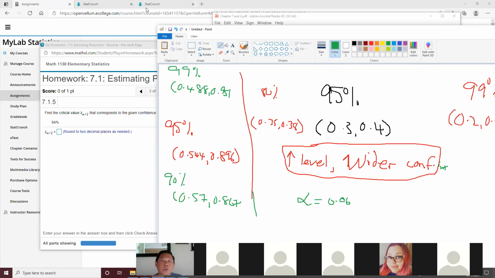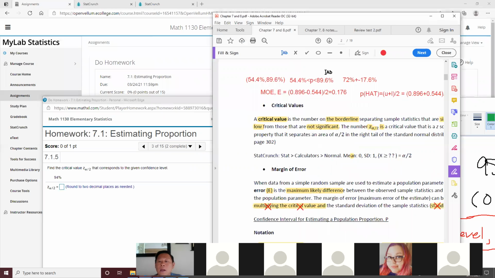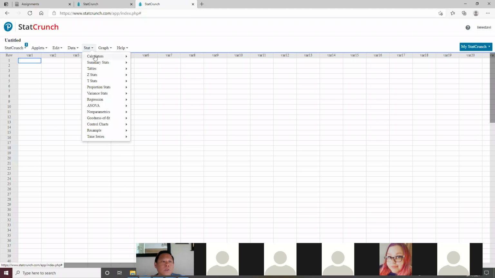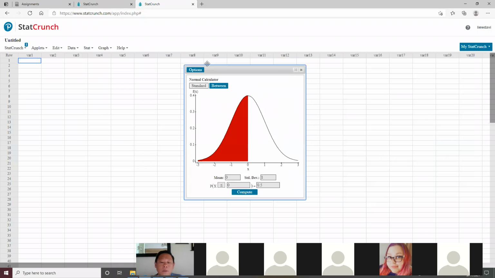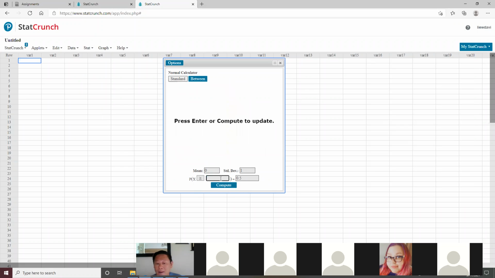Okay, so now you have to go to your StatCrunch. So now it's 0.06. This is what you do. You go to StatCrunch, you go to Stats, Calculators, and Normal. Remember this one you did in chapter 6, the normal distribution? So 0 and 1, that is what you do. This one you make always greater than. This one you leave blank.